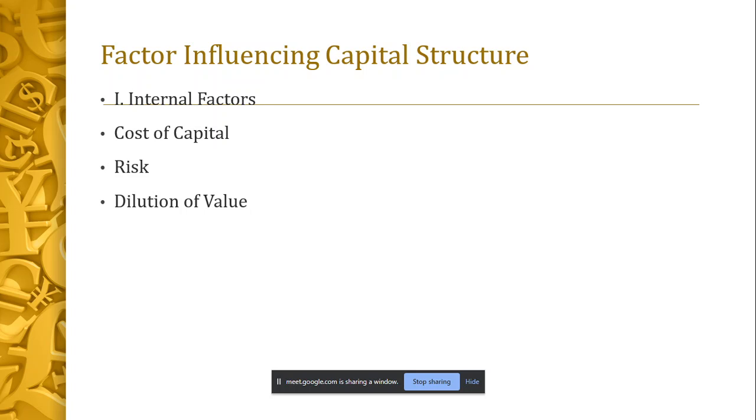If the entire capital structure was made up of 100 rupees, and there were two equity shareholders, each share would be of the value 50 each, right?